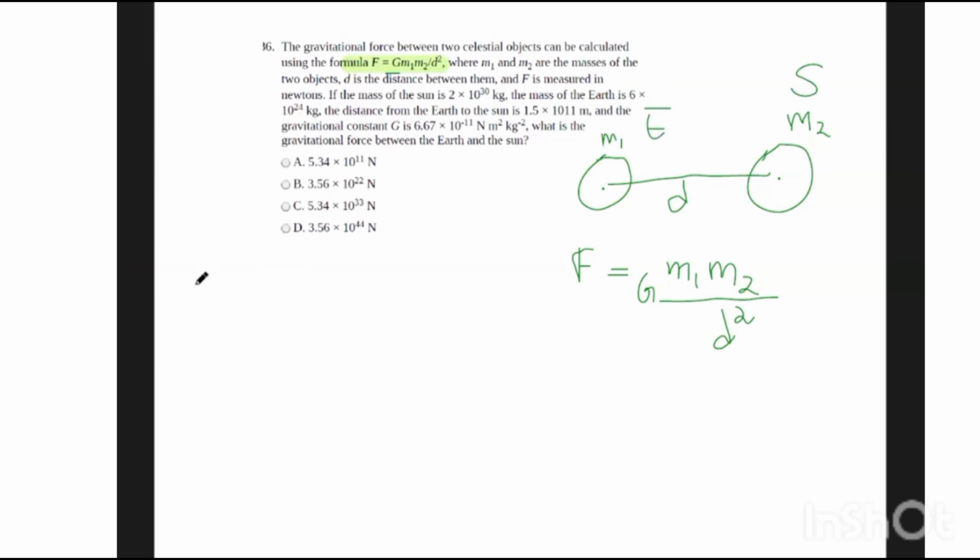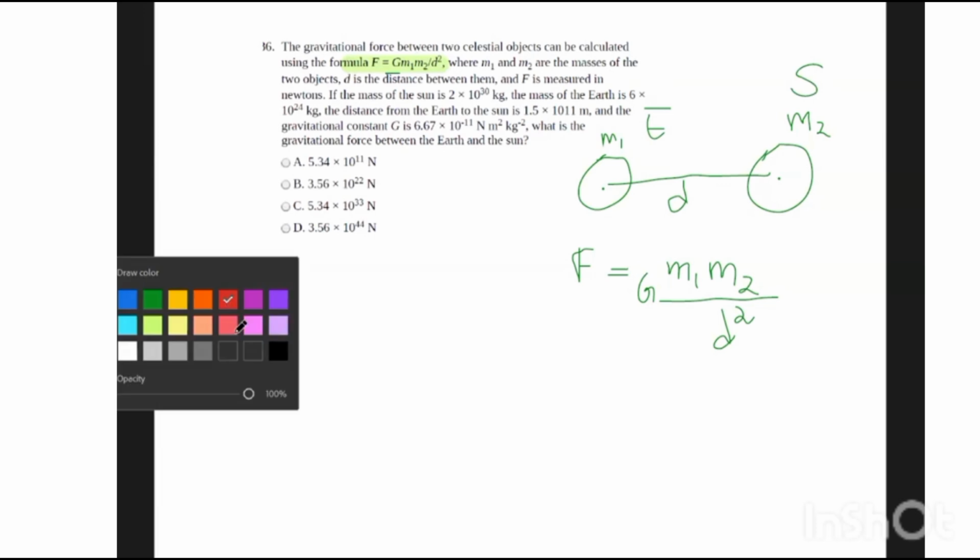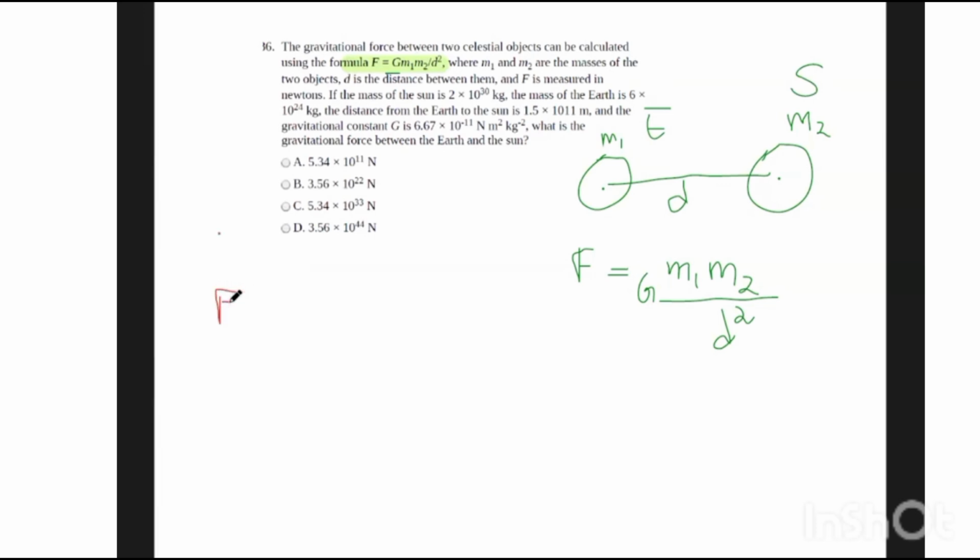So in the same formula, we will be putting these numbers down. So F equals M1, we are considering M1 as the Earth's mass, and the mass of the Earth given here is 6 times 10 to the power 24 kgs.